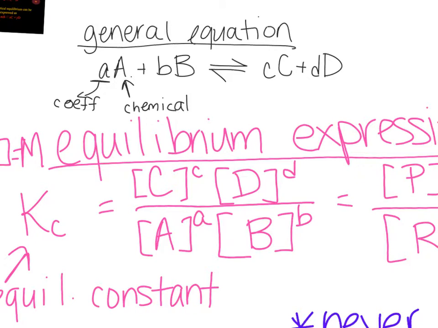And then the D to its coefficient, all over A to its coefficient, B to its coefficient. So if you notice, in summary, this is products over reactants. Do you guys see that? And that's why it's going to be important that you don't just go switching things just because it's going in the reverse. It is still products over reactants, because that's going to mess with your little equilibrium constant.